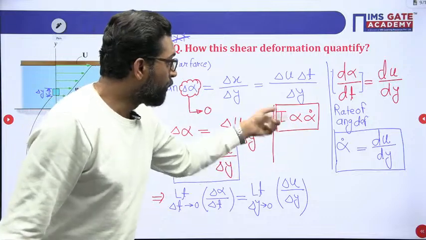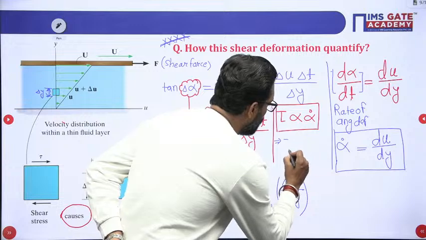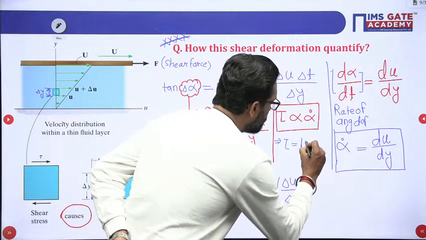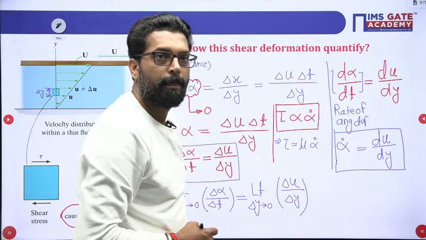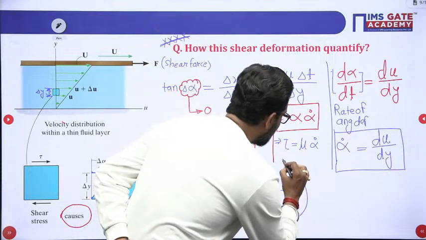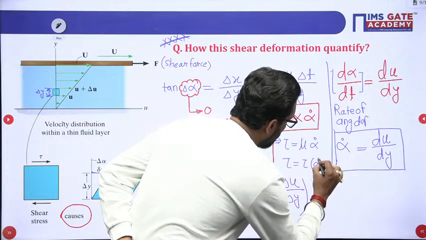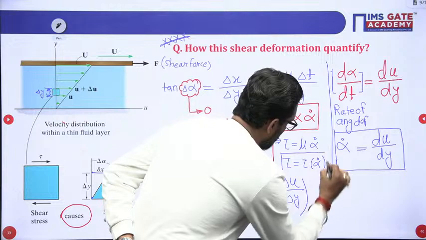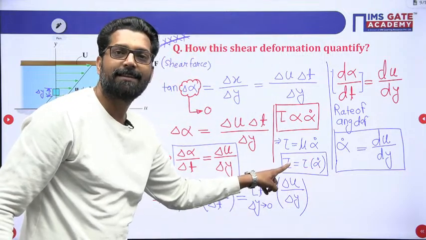Now, if you remove this proportionality, you must introduce one property known as dynamic viscosity into alpha dot. That means this shear stress is a function of alpha dot. The higher the rate of shear strain, the higher the shear stress.